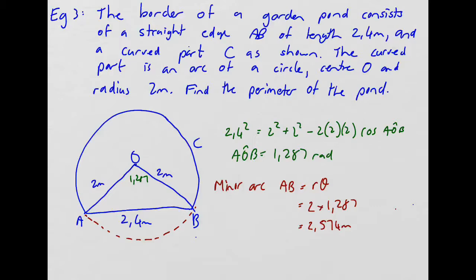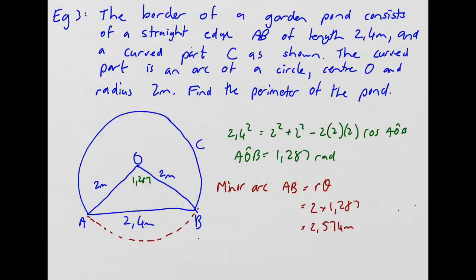So 2 is the radius times 1.287 gives us 2.574 meters. So we know that the full circumference of the circle is 2 pi r. So if we subtract this value from 2 pi r, we'll get the value of AB, major arc.